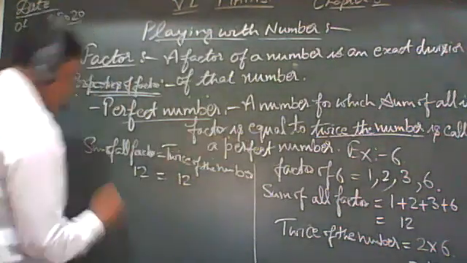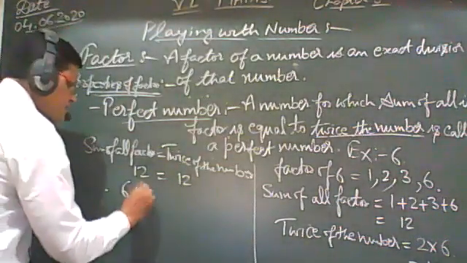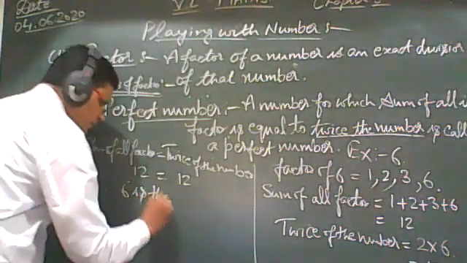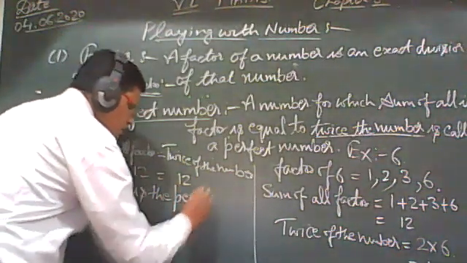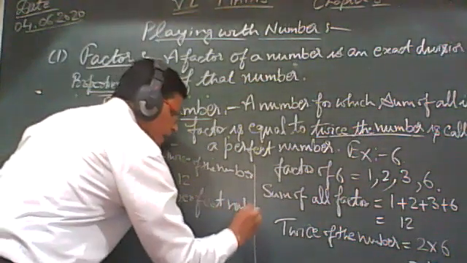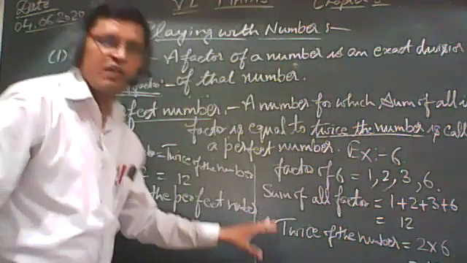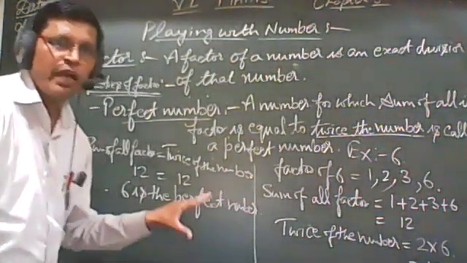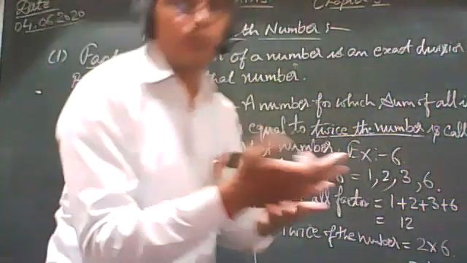Therefore 6 is the perfect number. Okay? Therefore we say 6 is the perfect number. Now take another example.